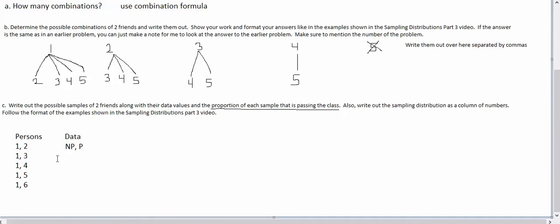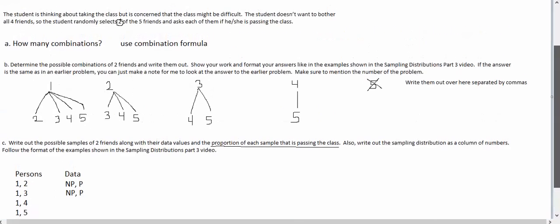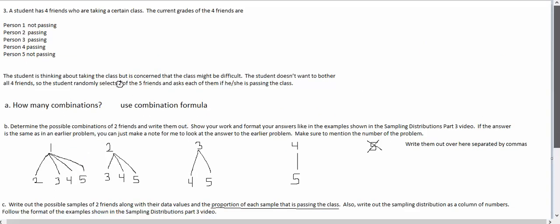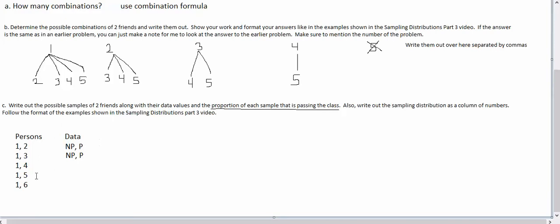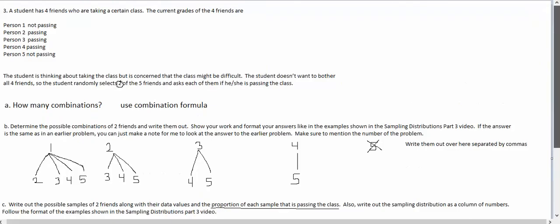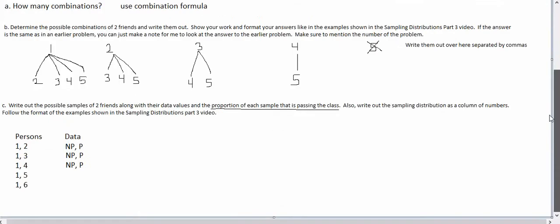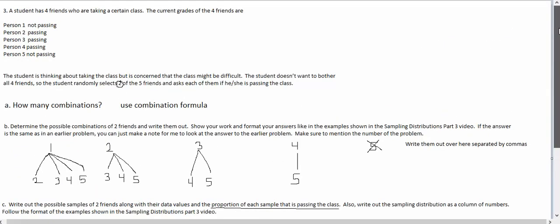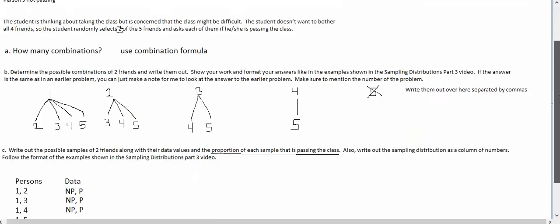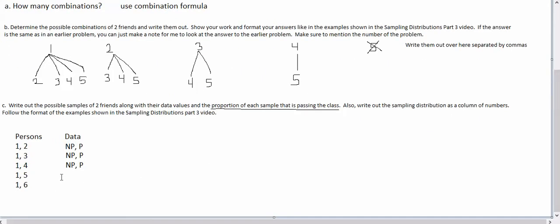It's the same. Person 1 and person 4, not passing and passing. 1 and 5, no, I'm sorry. Actually, 1 and 5 are 2 not passing. They're both not passing the class.